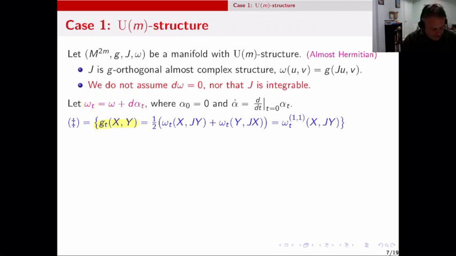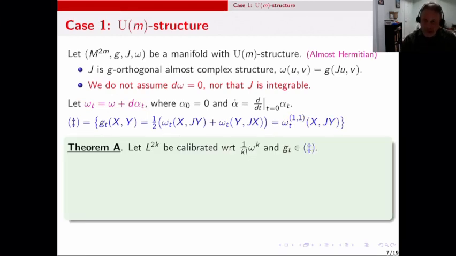So what this construction is really doing is saying project omega t to its 1-1 part using the fixed J that's not evolving. And then this is exactly the formula you would use to get the metric g from the positive 1-1 form. Okay, so this is a family of metrics upstairs obtained by evolving the 2-form in the direction of exact forms. So here's theorem A.